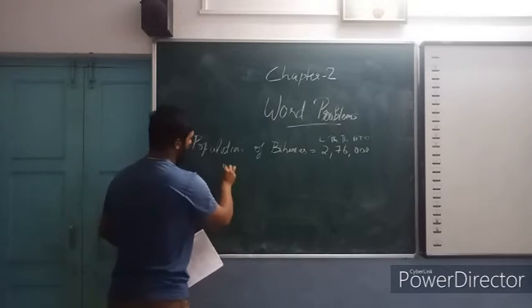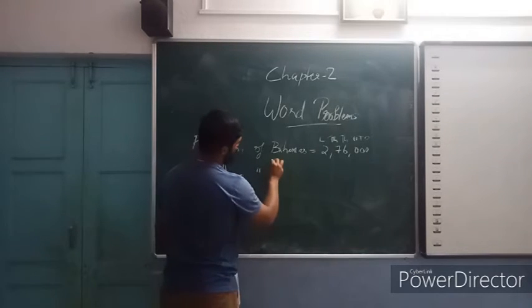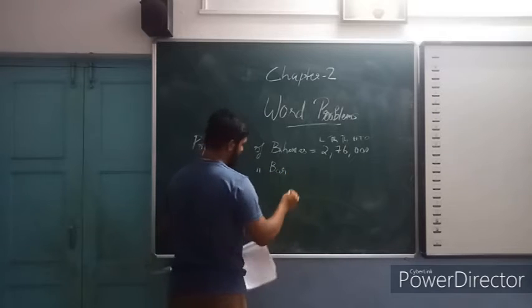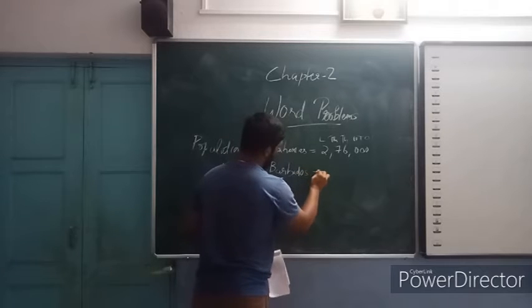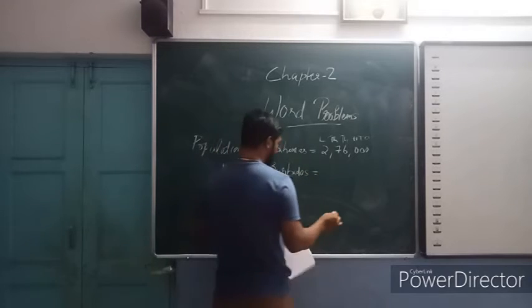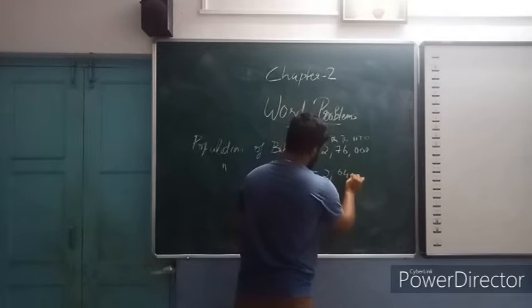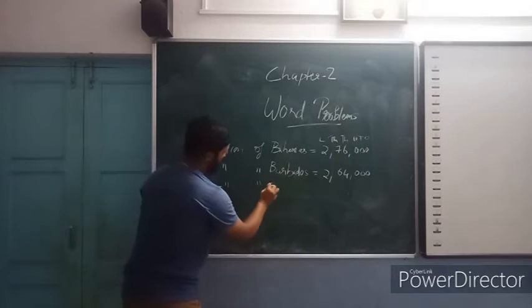Now let us see the population of Barbados. How much is Barbados given? It is given as 2,64,000. And finally, the population of Seychelles.